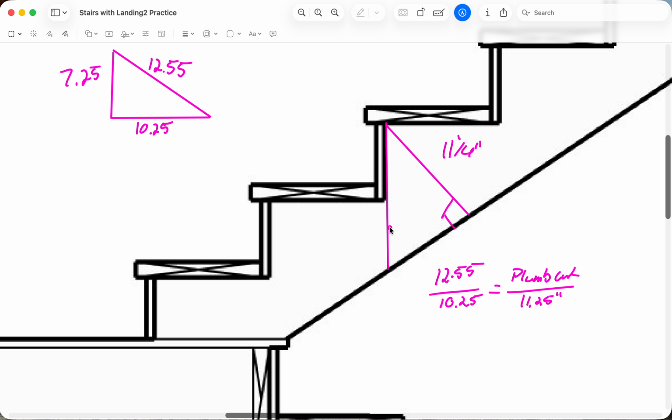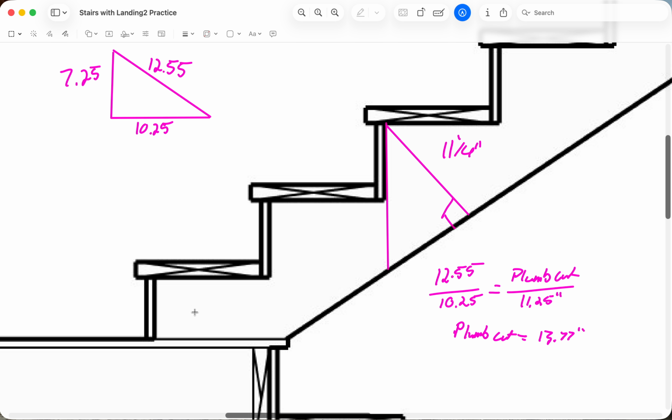Okay, so we cross multiply, divide, and I had this on the sheet. Oh yeah, we get plumb cut is equal to 13.77 inches. Okay, cross multiply, divide. So the total height there is 13.77.